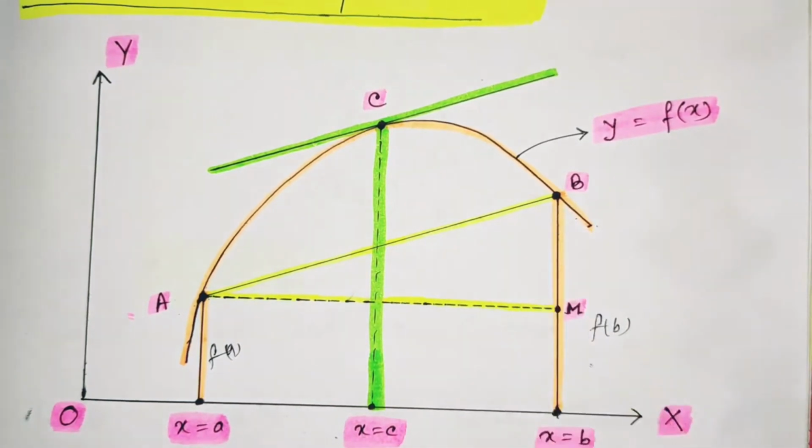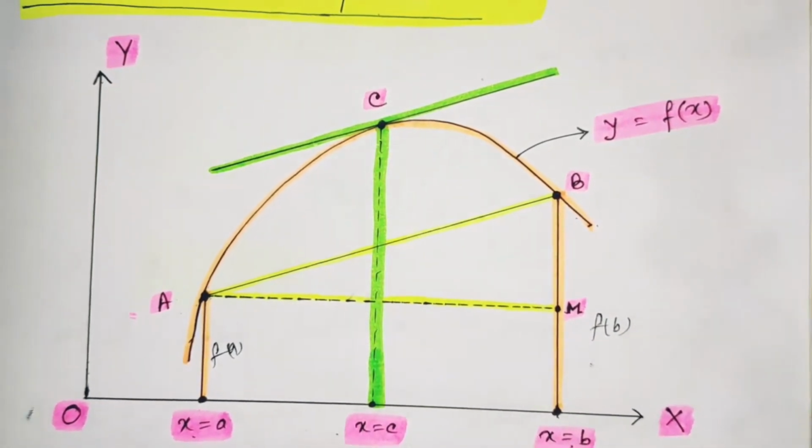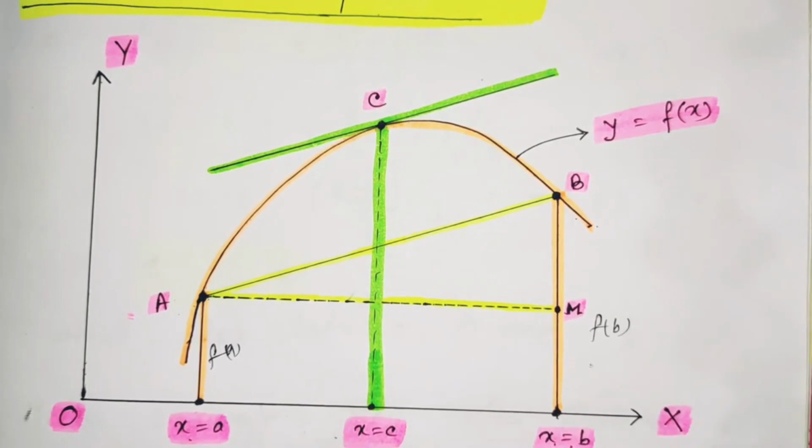Now in this situation, we will find a c. Between these 2 values a and b, there exists at least one c. Remember, this is at least, that means more than 1 point may exist.